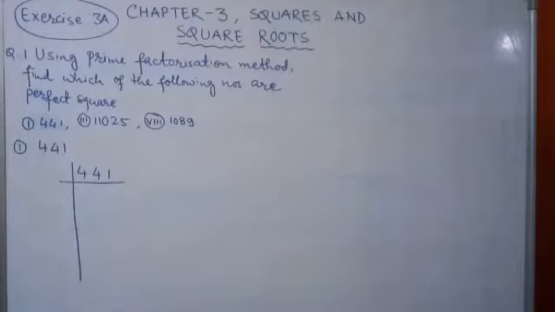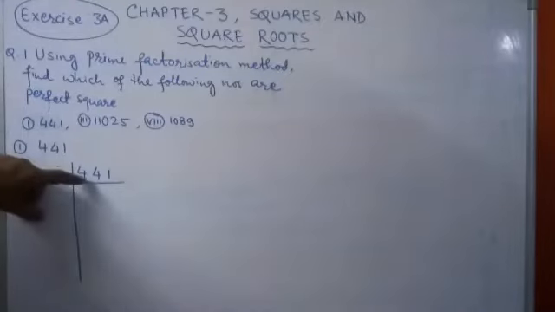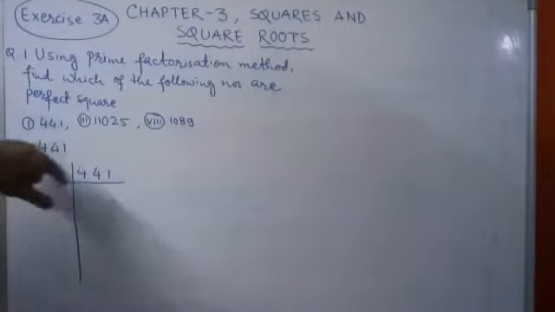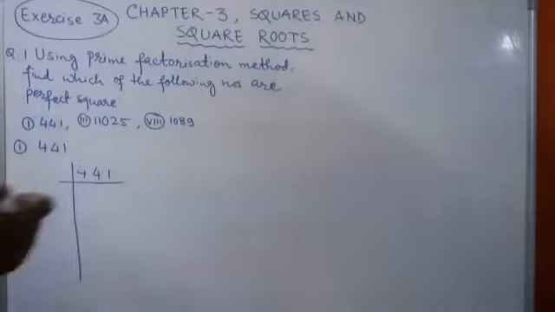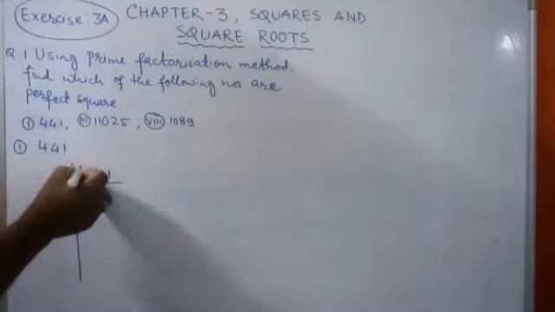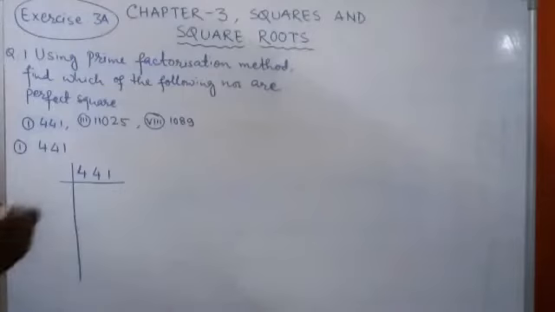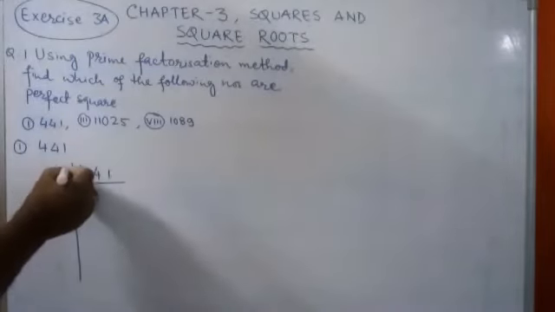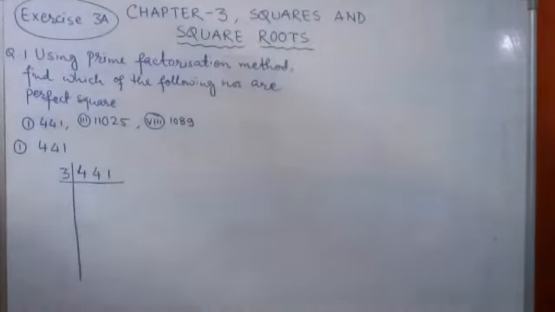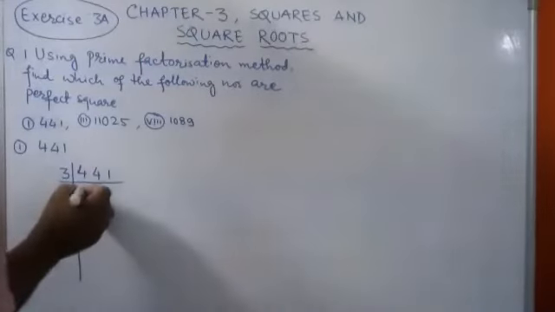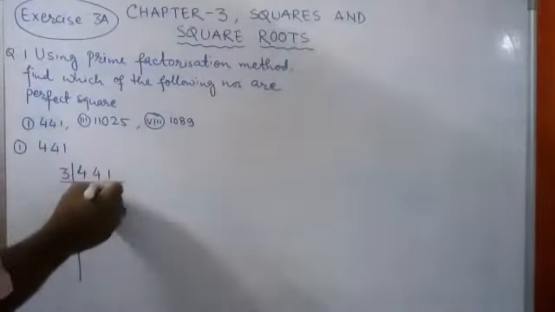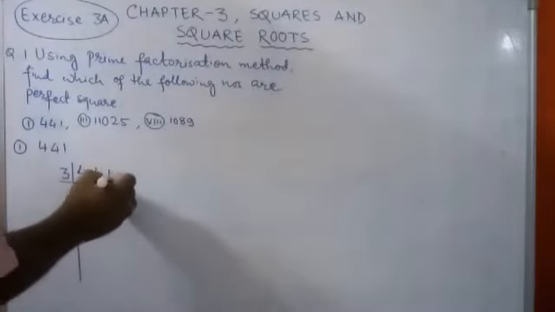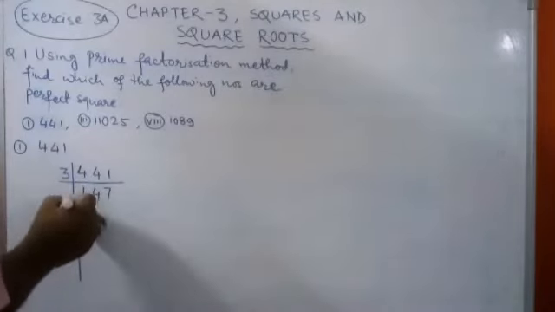If we get their sum, 4 plus 4, 8 plus 1, 9, it comes in the table of 3. So this number is divisible by 3. 3 is a prime number since its factors are 1 and 3. 3 ones are 3, 3 fours are 12, 3 sevens are 21.